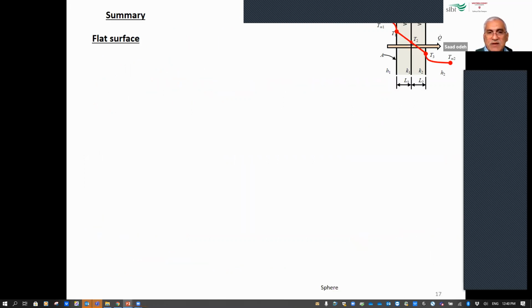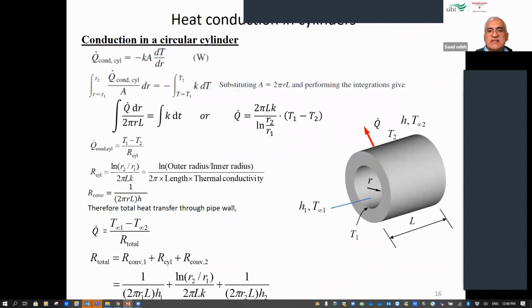So I will stop up to here, because this is the first topic in heat transfer in a circular cylinder. Then we'll continue next week when we have multi-layer of cylinders, same as we did when multi-layer of walls. We have multi-layer of cylinders in a system.